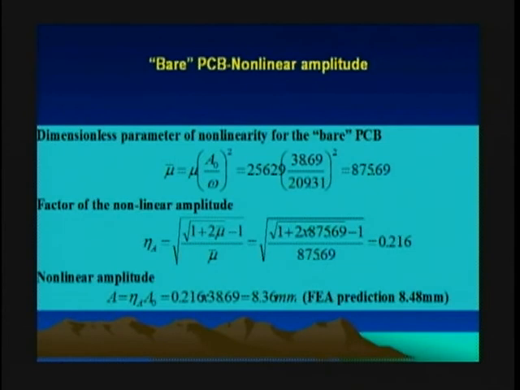So what does it mean? It means that the nonlinear amplitude was only 21% of the linear amplitude, and the nonlinear amplitude was 8.36 millimeters, while the linear was huge, if you remember, 38.7, but 8.36 was realistic, of course, and the finite element prediction was pretty much the same.